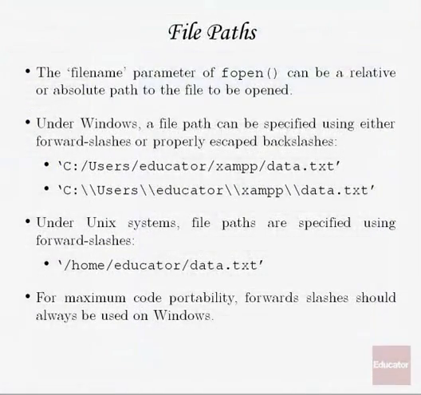So file paths. As we saw, the first parameter to the fopen function is a file name parameter. And basically, you have to provide a path to the file that you want to open. And that can be a relative path or an absolute path, depending on the situation. A couple things to notice about how to specify the paths.